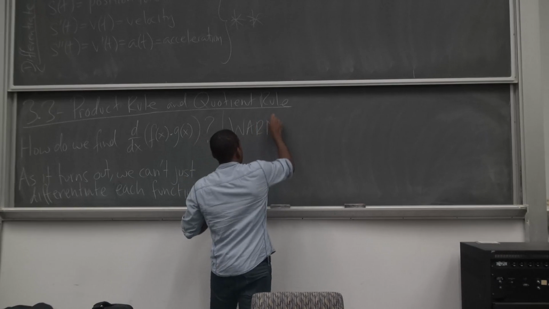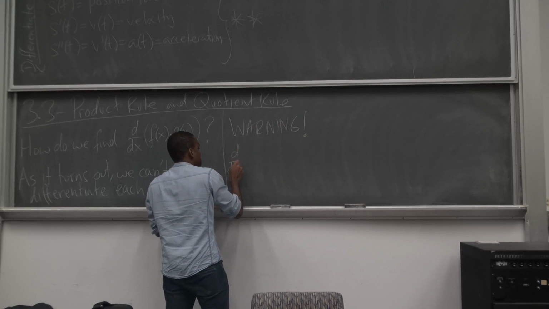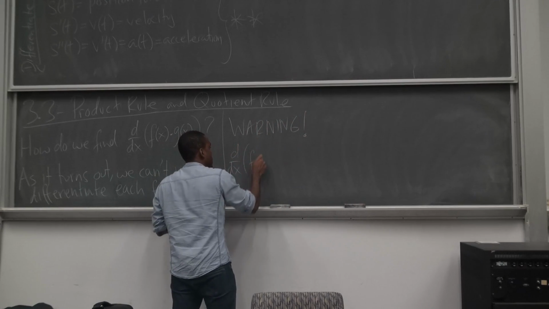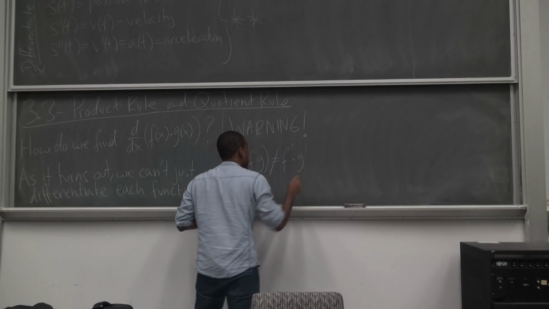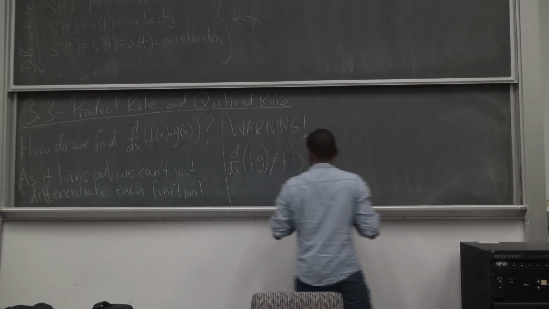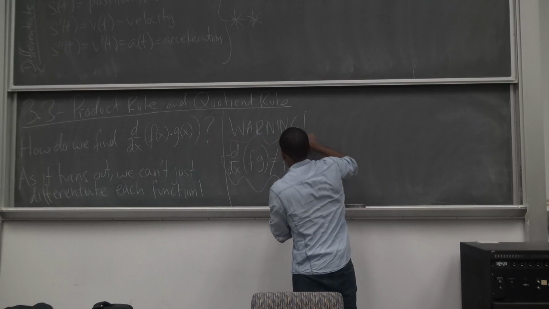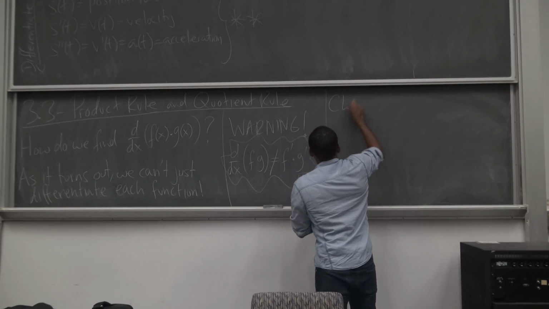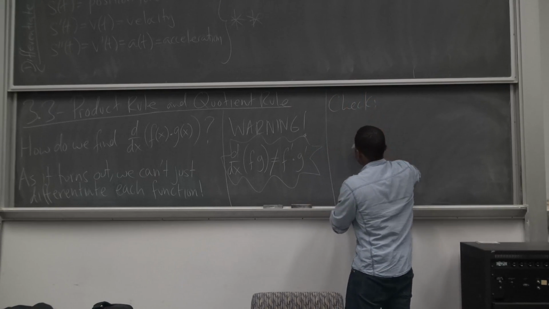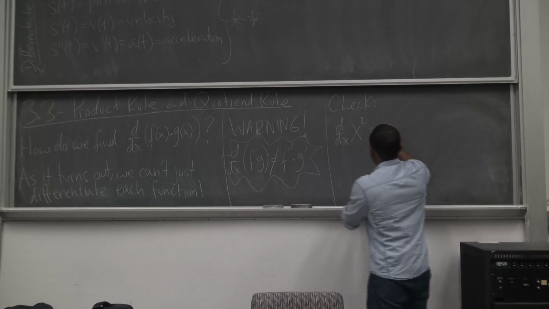Just a warning: the derivative of f times g is not f prime times g prime. Right? Watch out for that mistake. It's not true. It's not hard to prove it. Here's a check. What's the derivative of x squared? 2x.